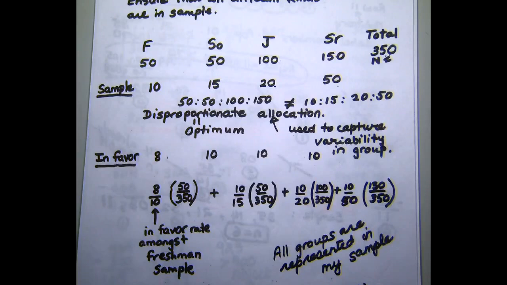Okay, so what is disproportionate allocation? Give me an example of disproportionate allocation. What does it mean to be disproportionate?